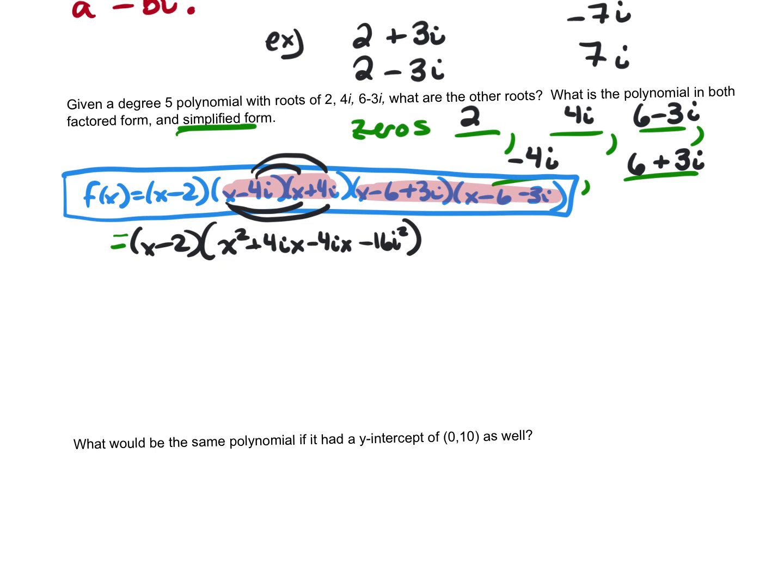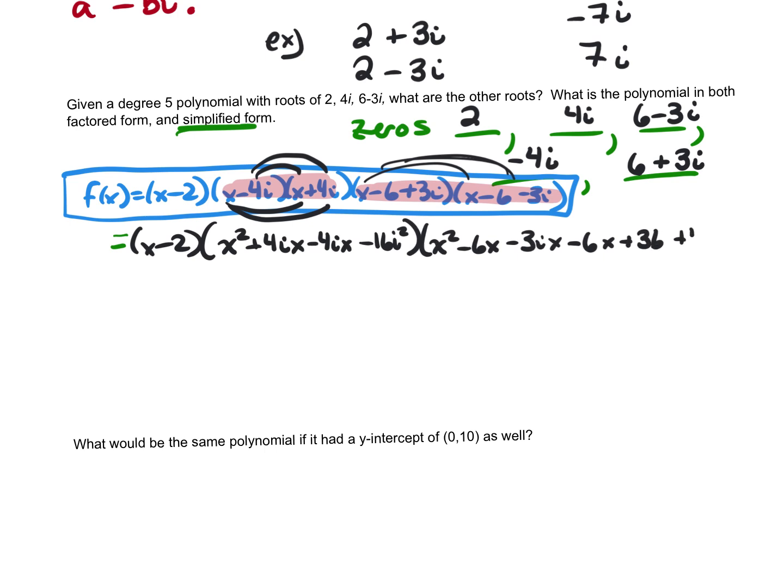And I'll do the same thing for the second two. Now there's 3 things, so it's going to be a little trickier. We're going to multiply x to all 3 terms. So x squared. And then x times negative 6 is negative 6x. And then x times negative 3i is negative 3ix. Then I'll multiply everything by negative 6. So I have minus 6x plus 36.